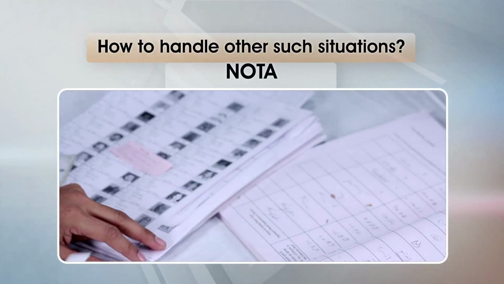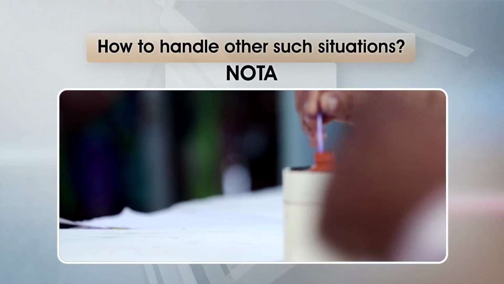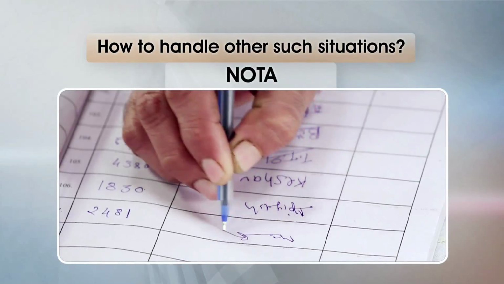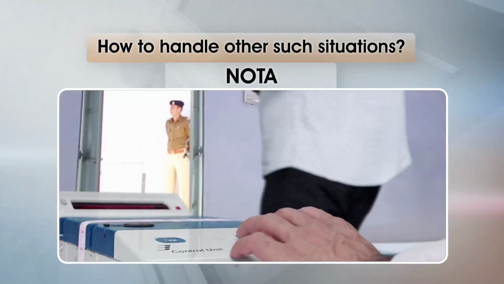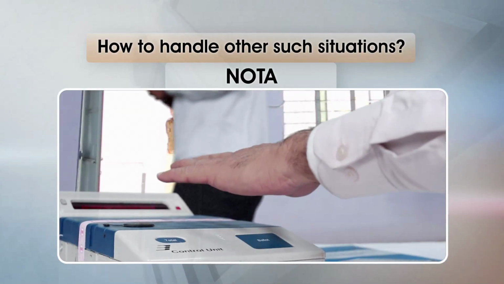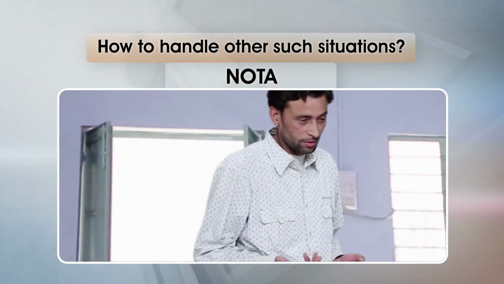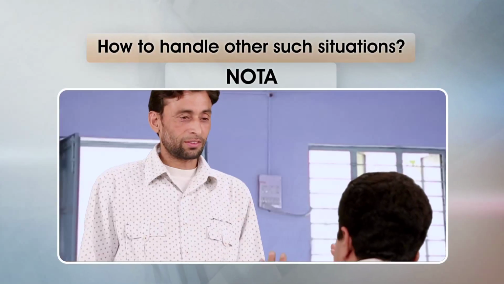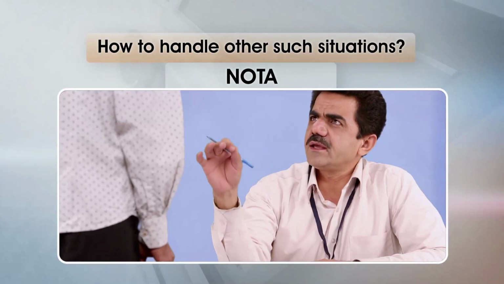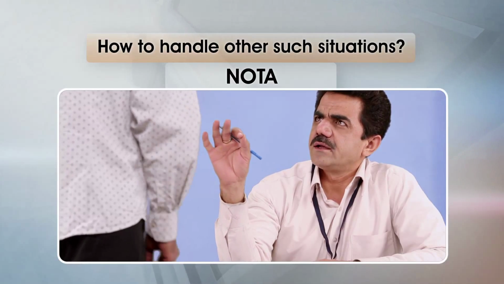Here's an elector who, after duly entering his electoral roll number and giving his thumb impression or signature, has decided not to vote in favor of any candidate. Ravi advises him to use the NOTA option in case the elector decides not to vote in favor of any candidate.